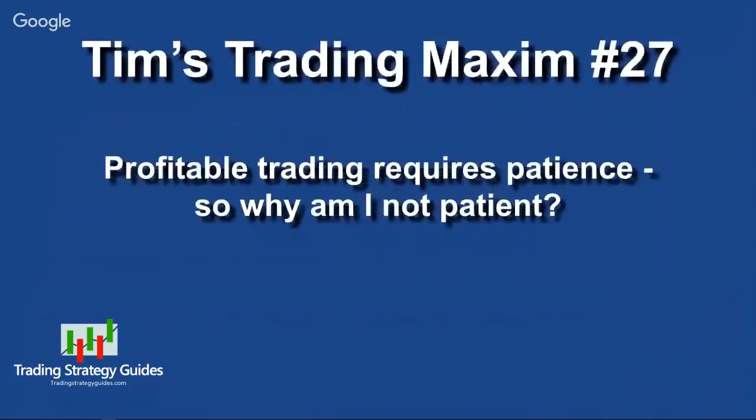Today's maxim, number 27: Profitable trading requires patience. So why am I not patient? You need a large measure of patience to be a successful trader. You can't just jump in willy-nilly when it looks like it's going a certain way. You have to be patient and wait for the trade to come to you. And you know what?